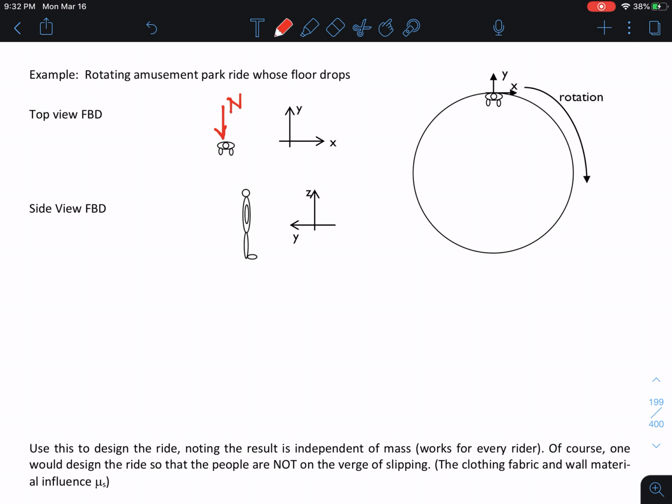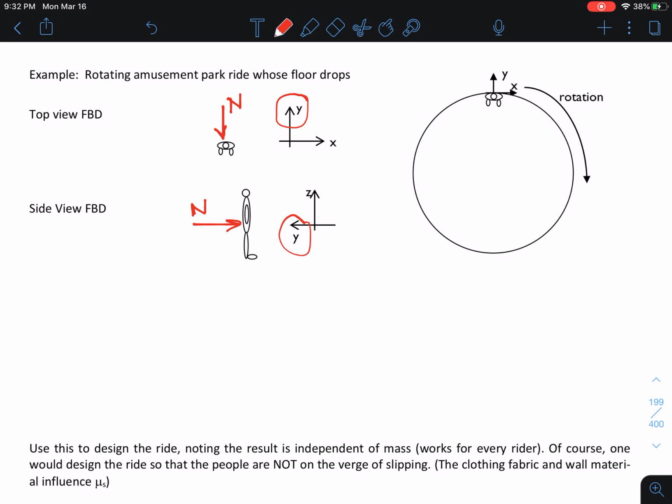And if you compare with the top view, the normal force is along the negative y direction, because we are saying positive y is upward. So if I use my y-axis on the side view, you can see that the normal force is on his back, and it is to the right. Okay, so that's the normal force.